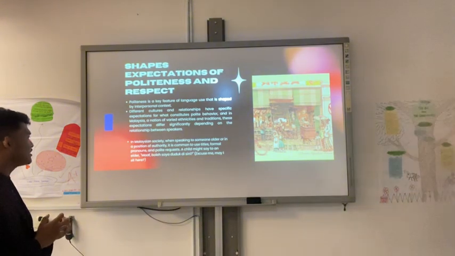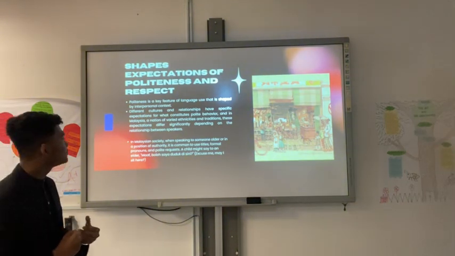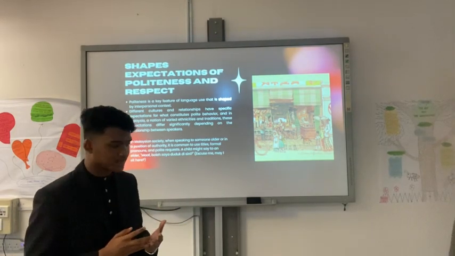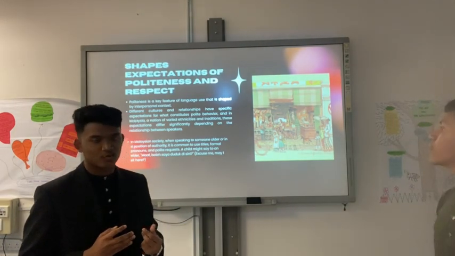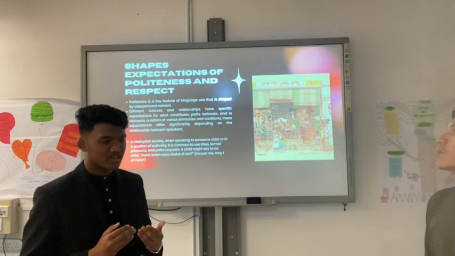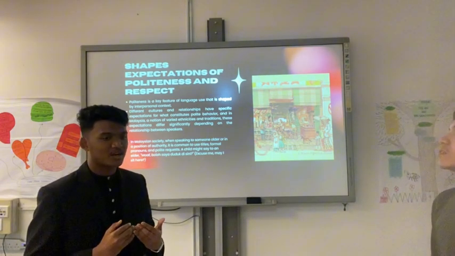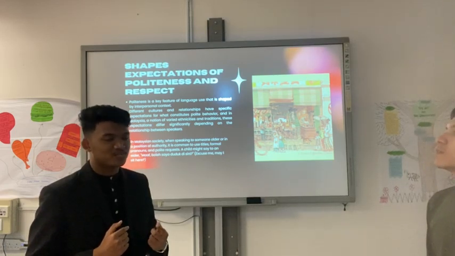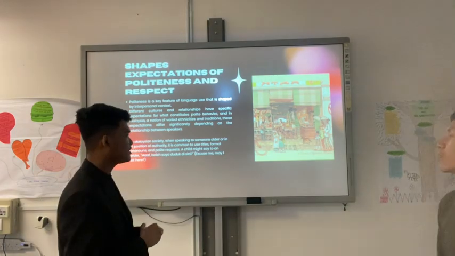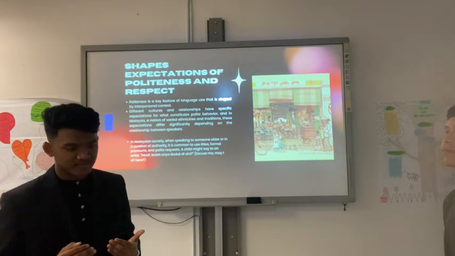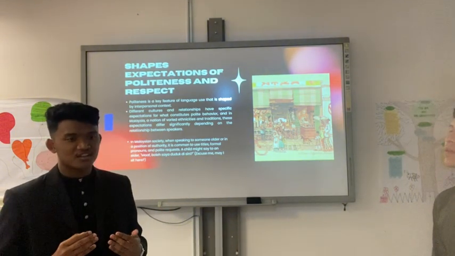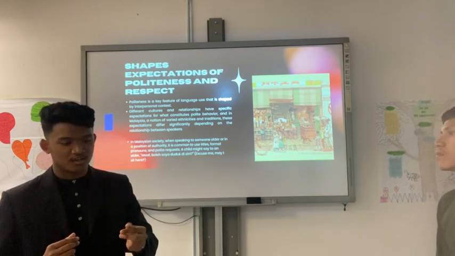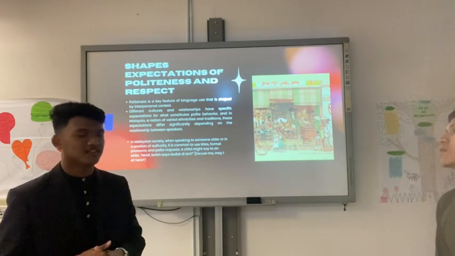In Malaysian society, when speaking to someone older, we use phrases like "excuse me, mister," or "may I ask a question, mister," so that we don't come up to them in a disrespectful or rude manner. This mirrors our own characteristics and helps to build that connection even though there are disparities between ages.